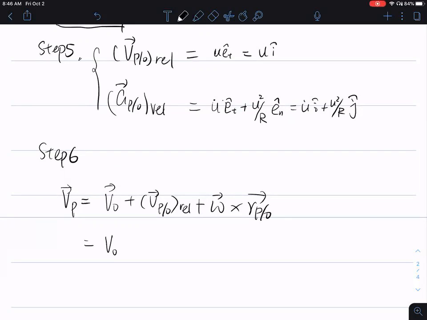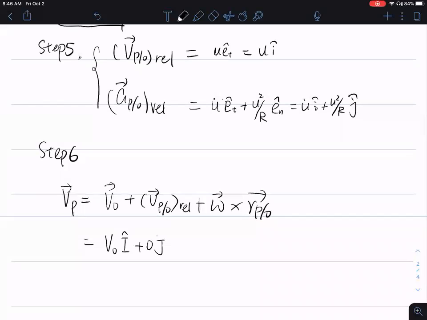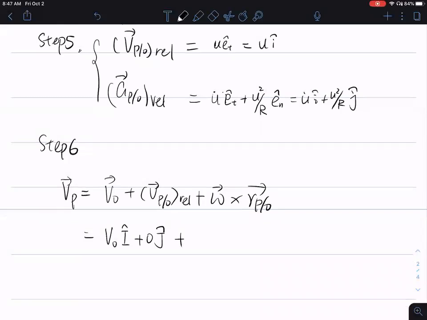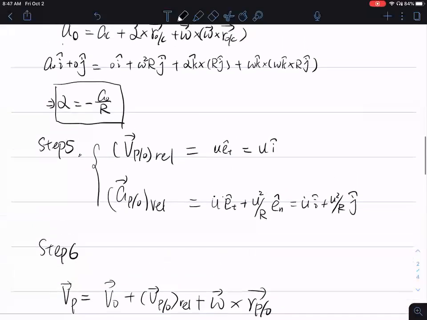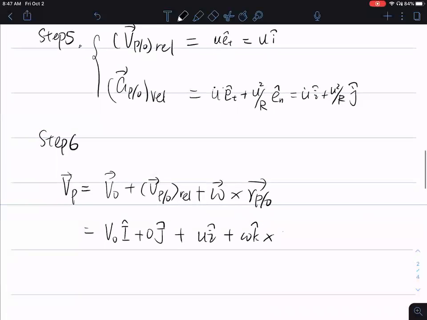Here, I think we'll just write v_O inside of this fixed coordinate system, plus 0 j, plus v_P/O relative, we already have that, which is u i, plus omega, we already have omega, cross r_P/O, that's a vector from point O pointing to point P. Should be just negative r in the i direction.